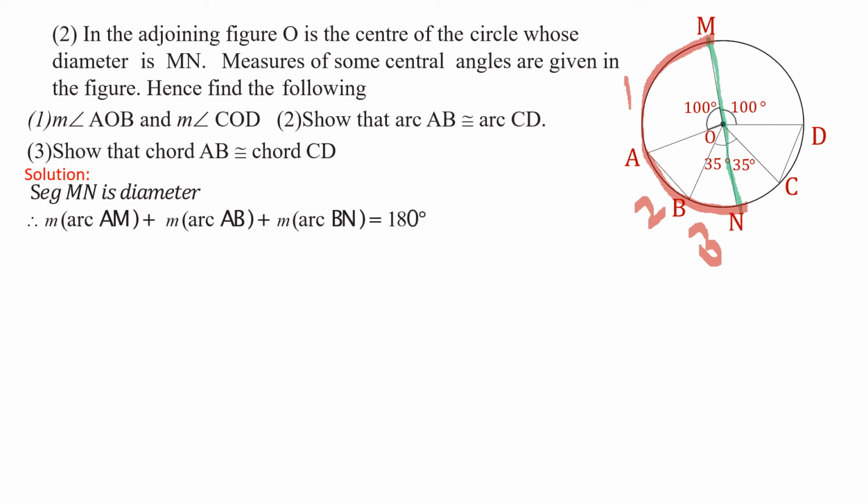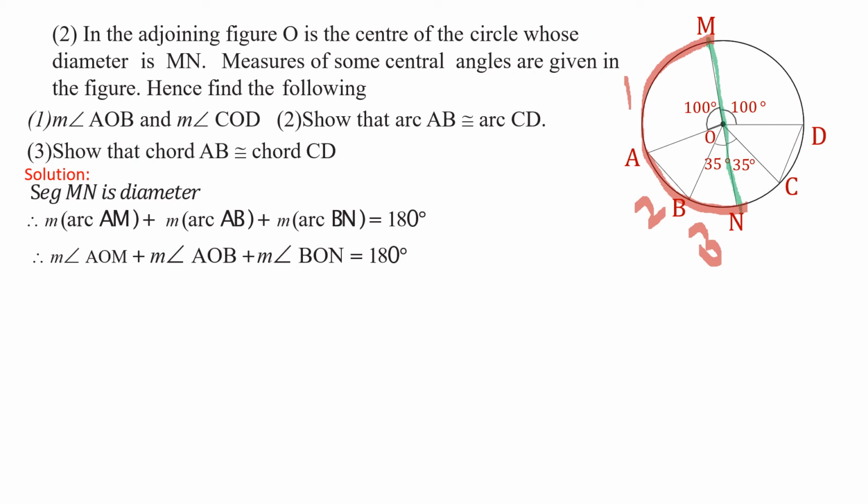Now arc AM is equal to angle AOM plus angle AOB plus angle BON is equal to 180 degrees. Write down angle AOM plus angle AOB plus angle BON is equal to 180 degrees.